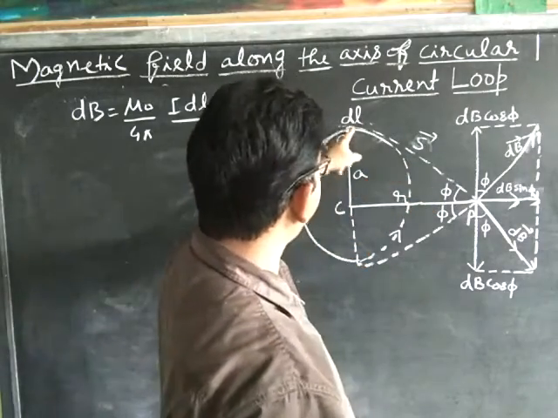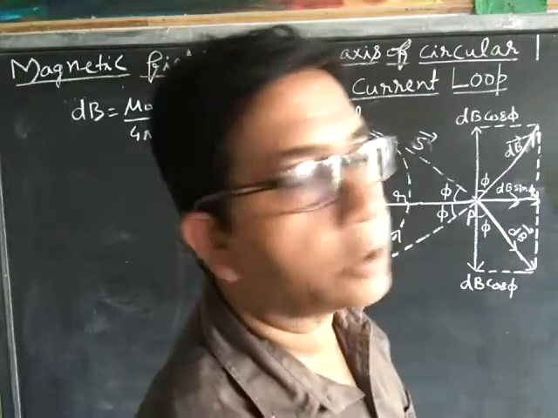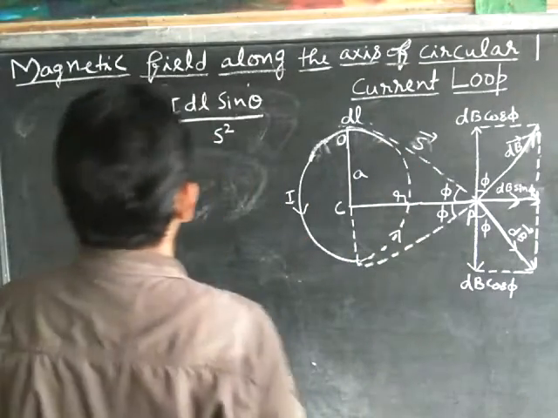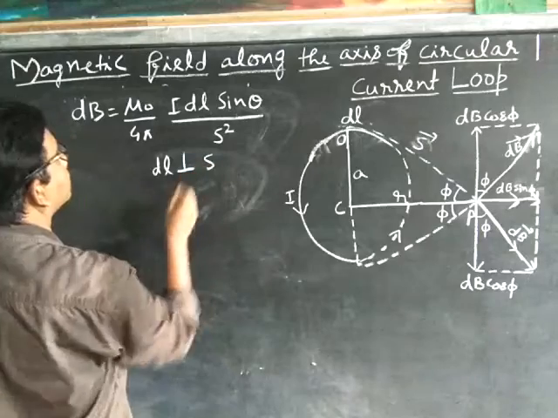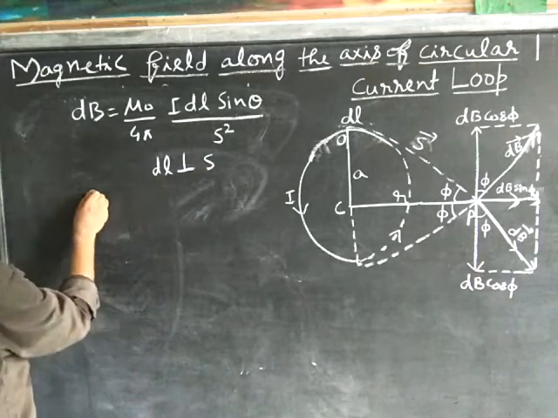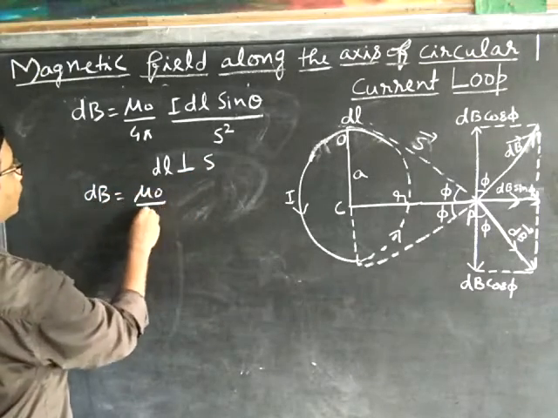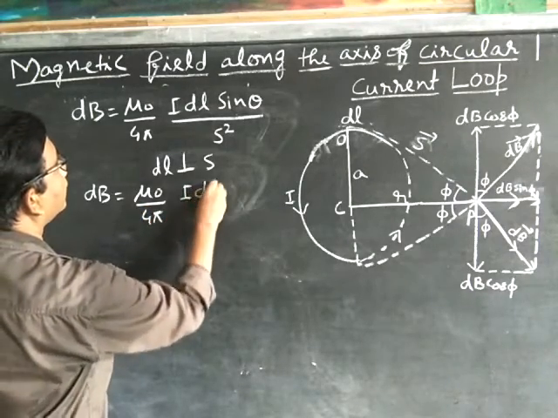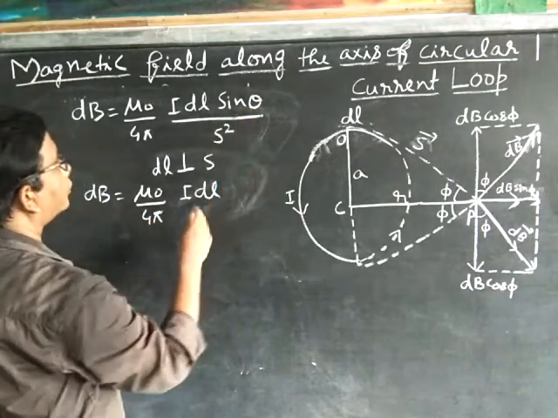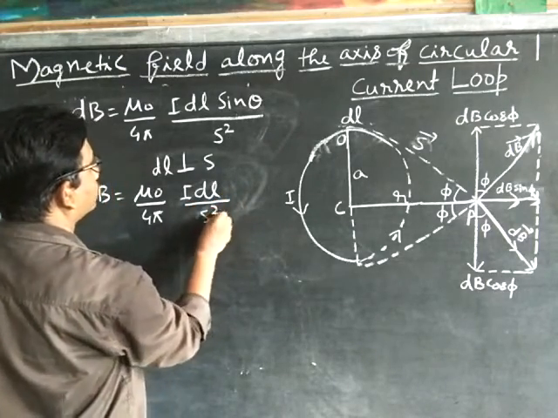Because the tangent and the radius through the point of contact are perpendicular to each other. So dB is equal to mu 0 upon 4 pi I dl sin 90, which is equal to 1, I dl upon S square.